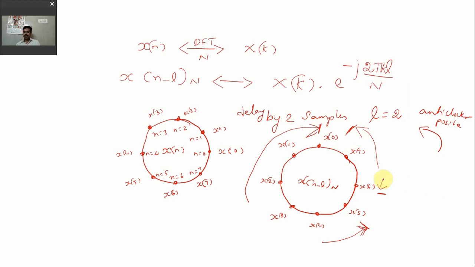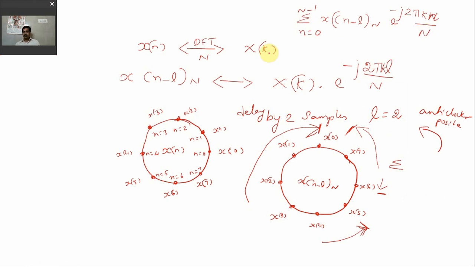This is the first part where you have delayed the sequence by two samples. Usually you write this as the summation of n equal to 0 to N minus 1 of x of n minus L into e to the power minus j 2 pi k n by N, with small n and capital N.